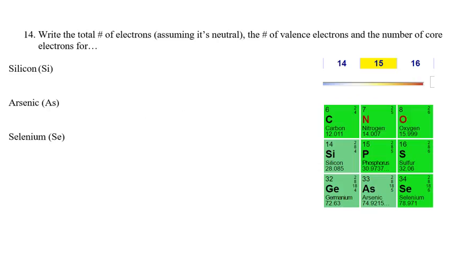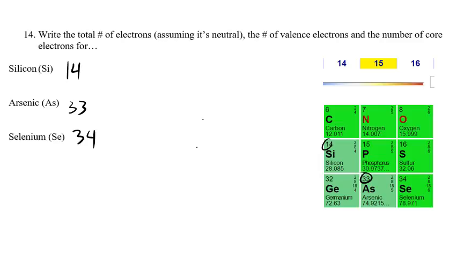Question 14. We need the total number of electrons, number of valence electrons, and number of core electrons for silicon, arsenic, and selenium. The total number of electrons is the atomic number. Silicon would be 14, arsenic would be 33, selenium would be 34.